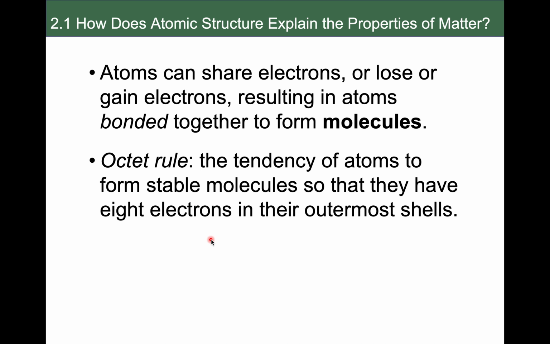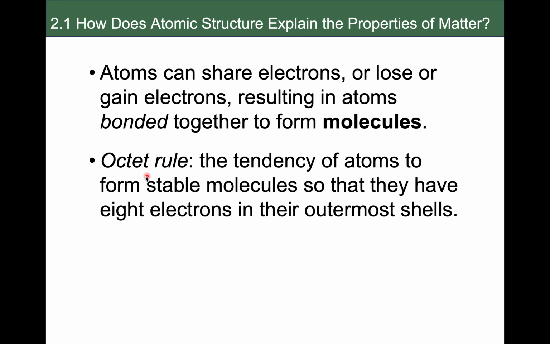All right, so there is what's called the octet rule, which is defined as the tendency of atoms to try to form stable molecules and fill up their outermost shell. The octet part of that is referring to the fact that, for the most part, the outer shell can usually hold up to 8 electrons.